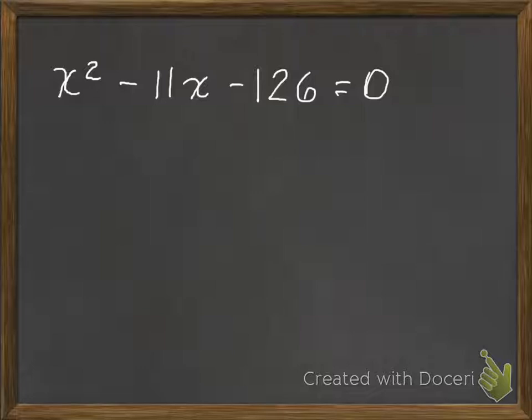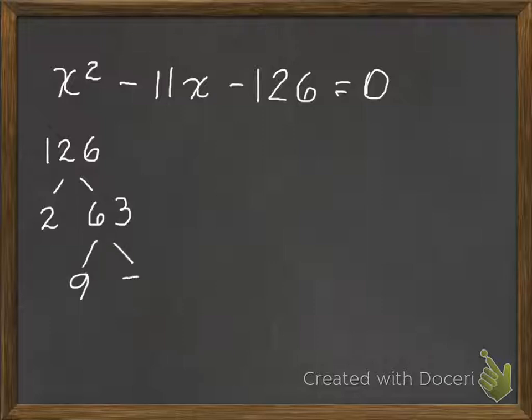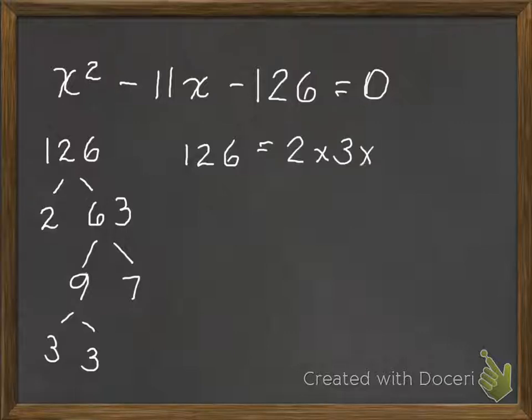So I'm going to start again with prime factorizing the 126. 126 divided by 2 is 63, so these are two factors. Keep breaking the 63 down. It breaks down into 9 times 7, for instance. And 9 breaks down into 3 times 3. So now I can write 126 is equal to 2 times 3 times 3 times 7.